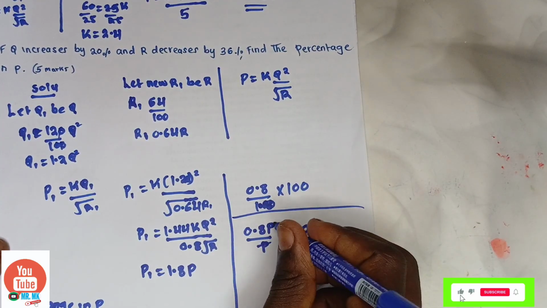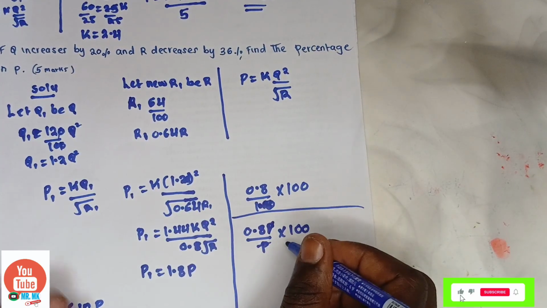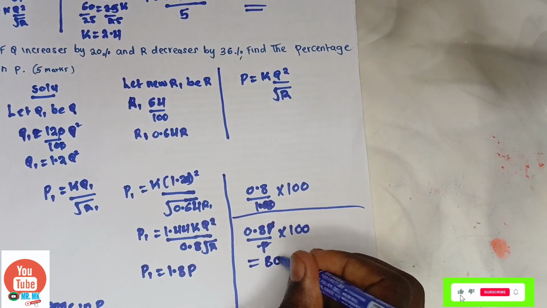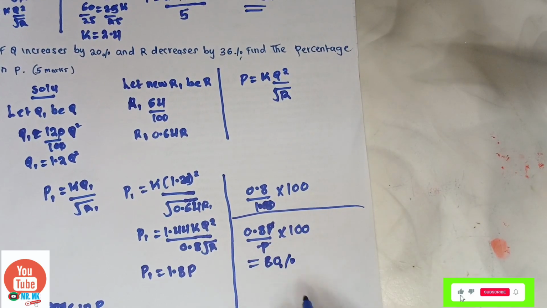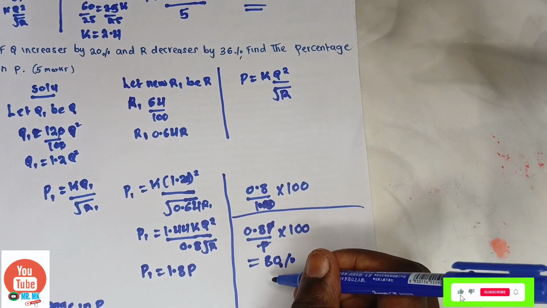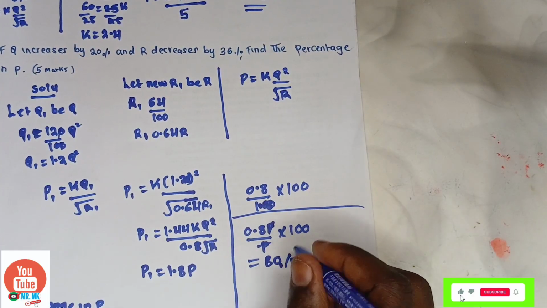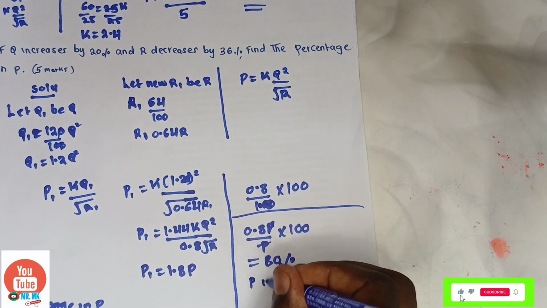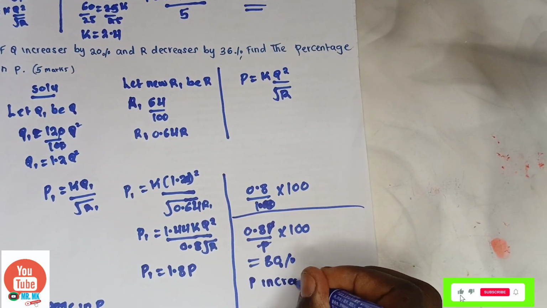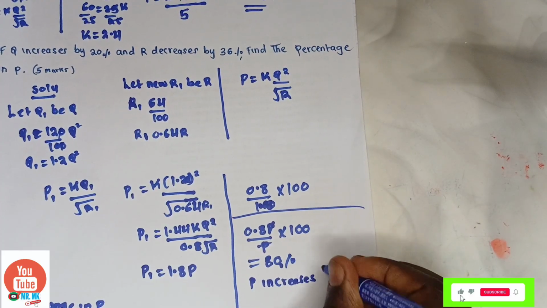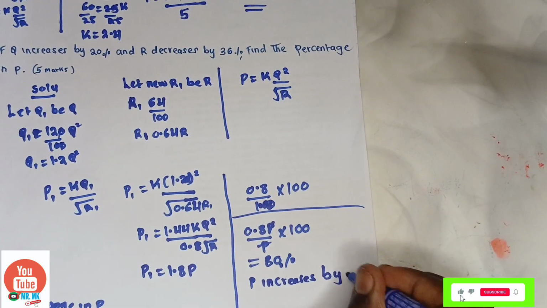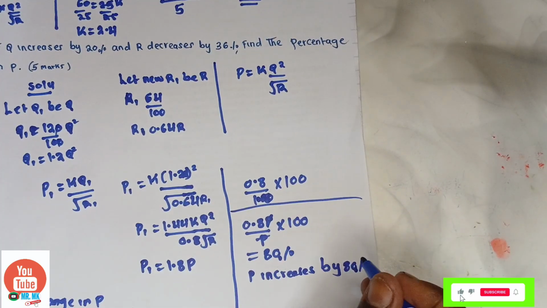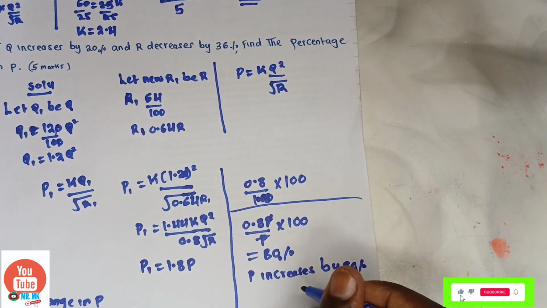Now the P will cancel with P. 0.8 times 100 will be 80%. Now for this case here, P increases by 80%.